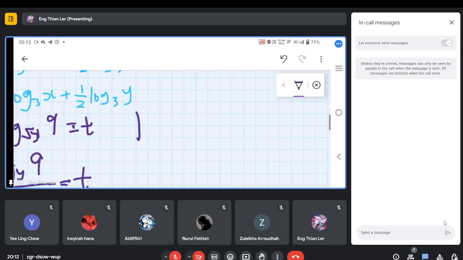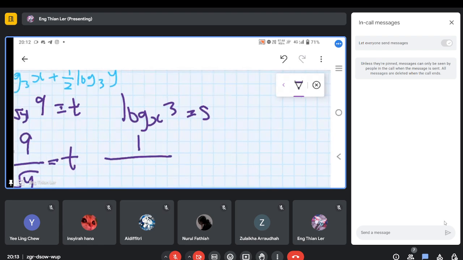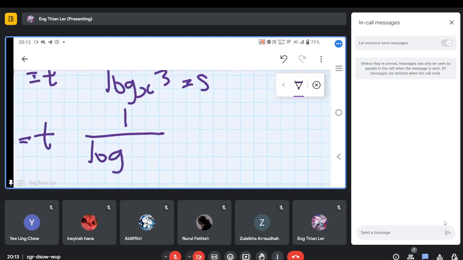So the original would be log 3 base x equal to s.